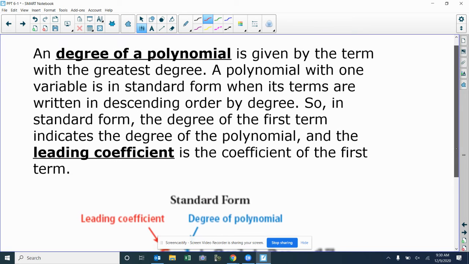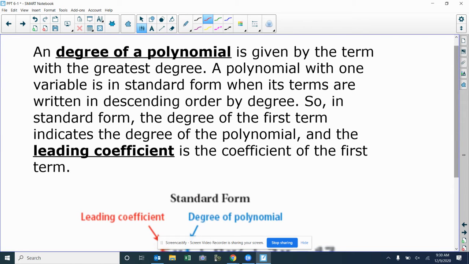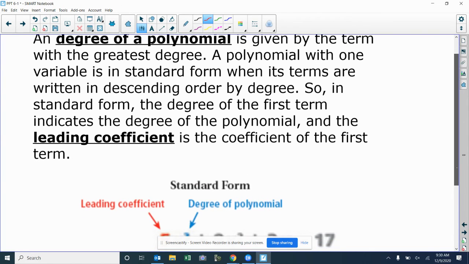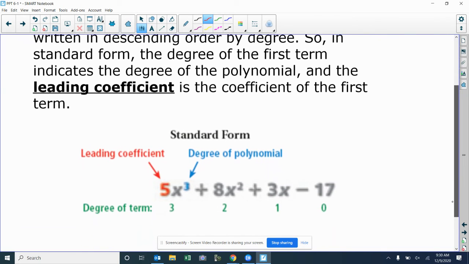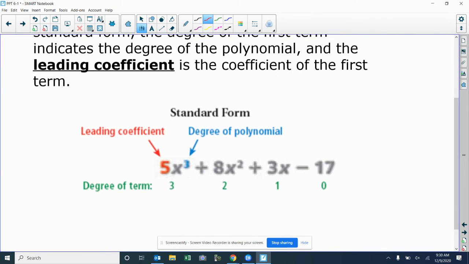All right, degree of polynomials given by the term with the greatest degree. Okay, also lead coefficient. So this is basically a polynomial. How many terms? There are 4 terms here. So the degree is 3 because that is our highest power within each mono. So we have a monomial plus a monomial plus a minus a monomial. Okay?